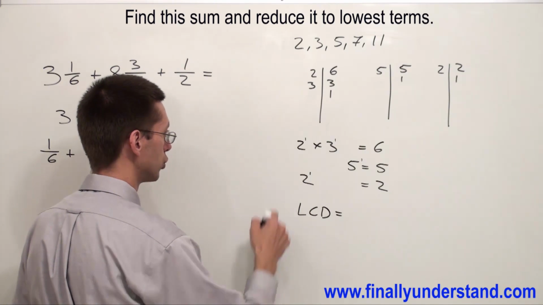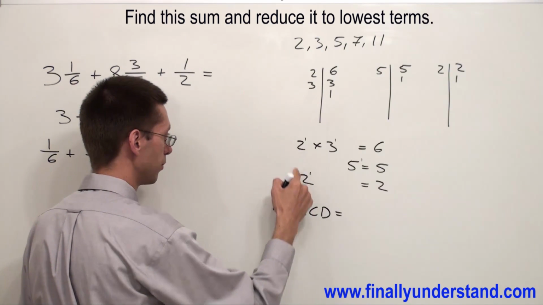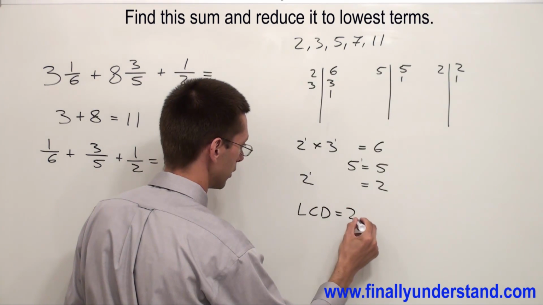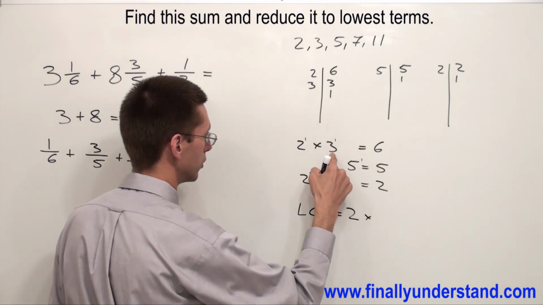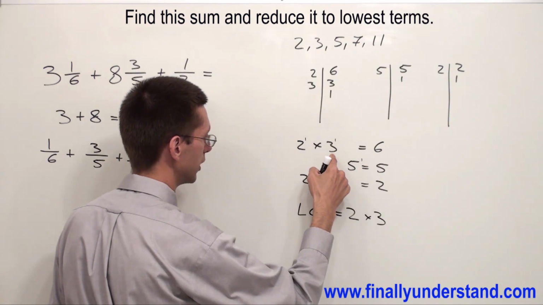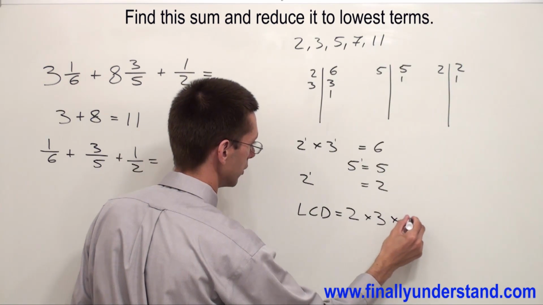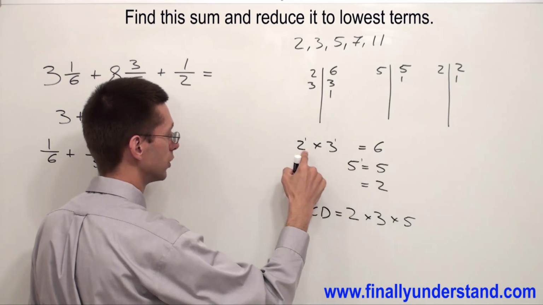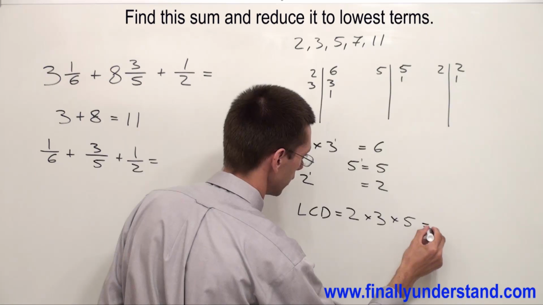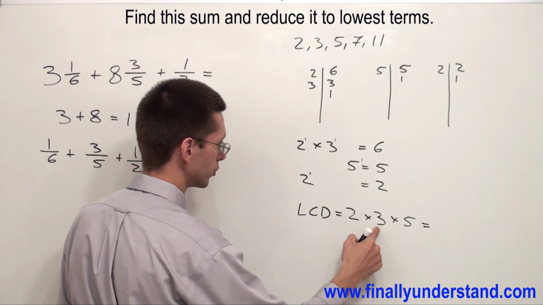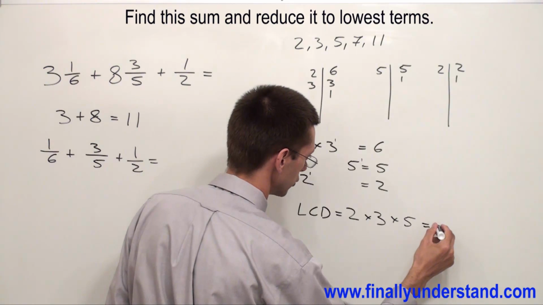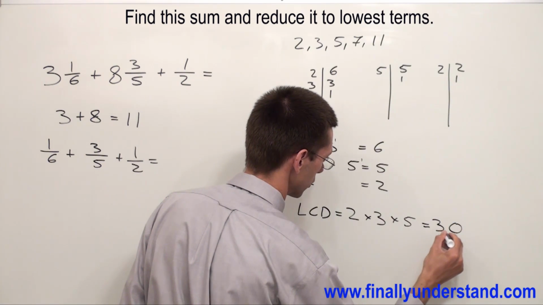Okay, because these two have the same powers, I have to take one of them. 2 times 3, because this is another different number, and times 5, because I have 3 different numbers, 2, 3, 5. Okay, so 2 times 3 is 6, times 5 is equal 30.